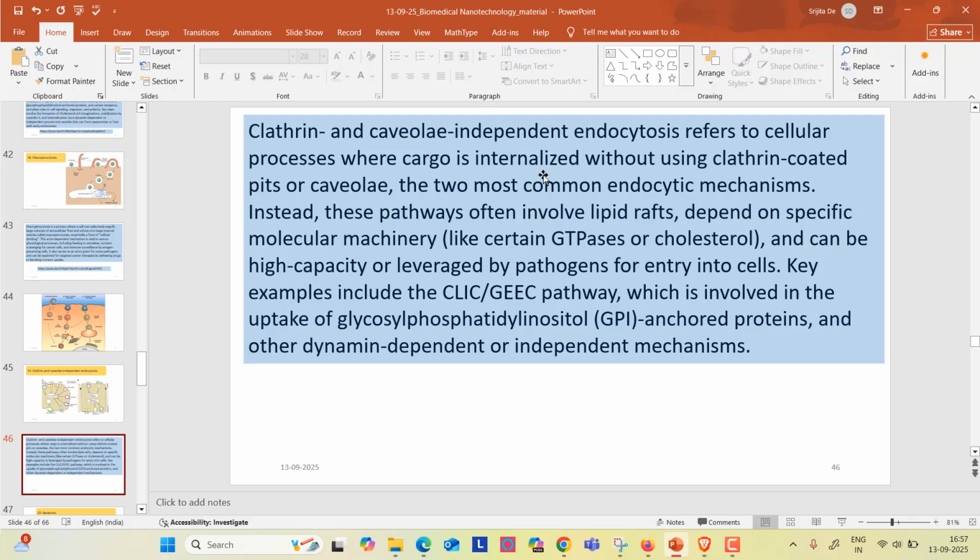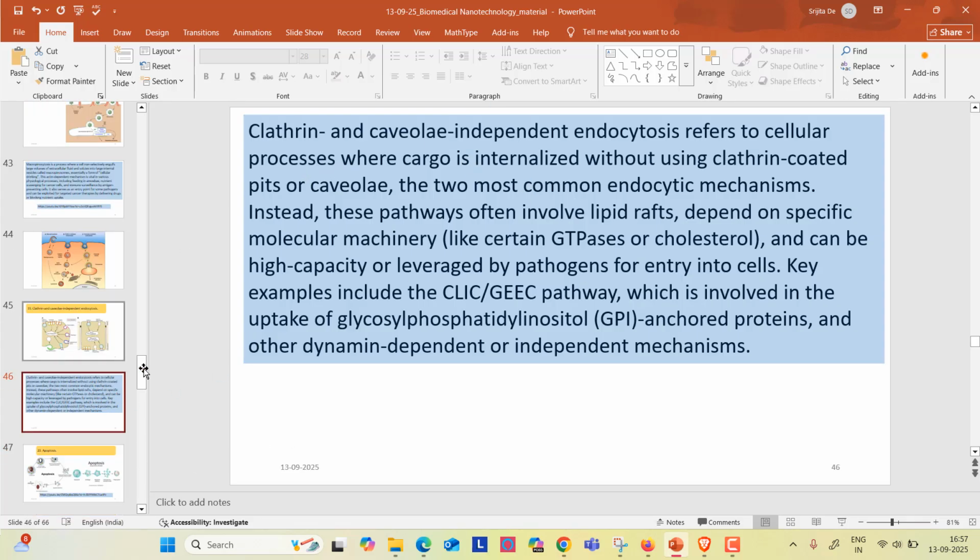Rather, they are using some kind of lipids, some kind of specific molecular machinery like the GTPases and cholesterol, and can have high capacity or be leveraged by pathogens for entry into cells. Okay. This is clathrin and caveolin independent endocytosis.